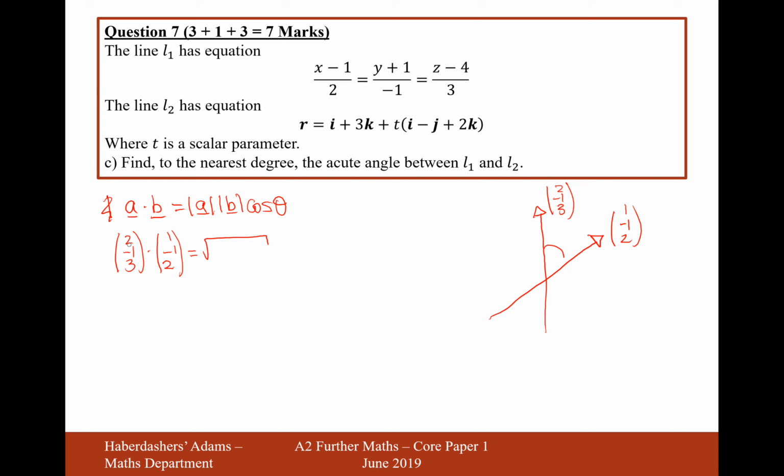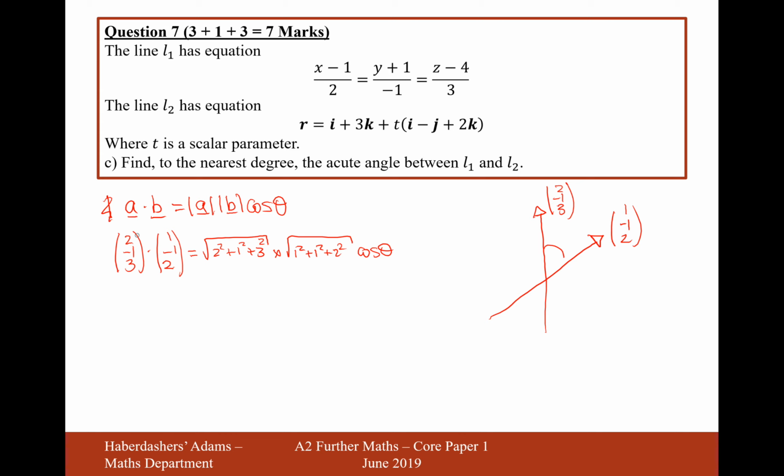That'll be the square root of 2 squared is 4, plus 1 squared is 1, plus 3 squared. Doesn't really matter about the minus because you're going to square it anyway. Times the square root of 1 squared plus 1 squared plus 2 squared, cos theta. So the dot product, you do by multiplying the x's together, the y's together, and the z's together.